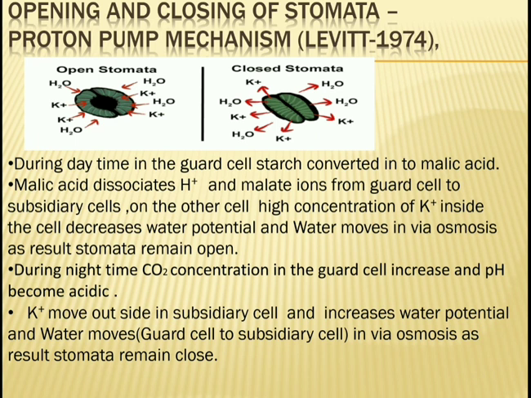Because of the acidic pH of the guard cell, the potassium ion moves outside, from the guard cell to the subsidiary cell, and the water potential of the guard cell increases. Water moves from guard cell to the subsidiary cell with the help of osmosis. As a result, stomata remain closed.